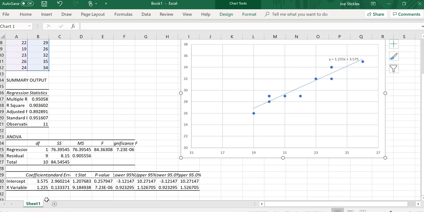That's a t with n minus 2 degrees of freedom, right? So far, so good with that? Standard normal divided by chi-squared.